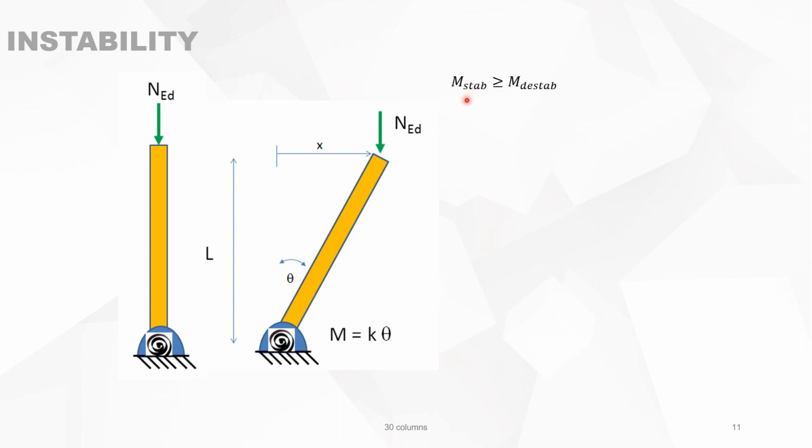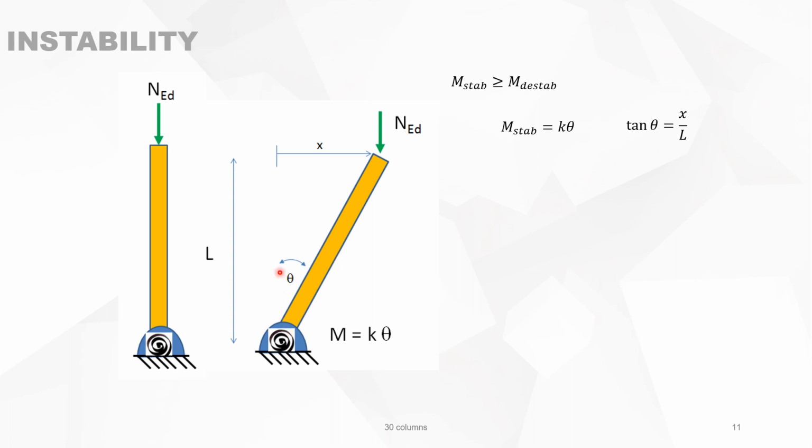So now we can write some equilibrium equations. The stabilizing bending moment must be bigger than the destabilizing bending moment. The stabilizing bending moment is, of course, the spring at the bottom, K times theta.